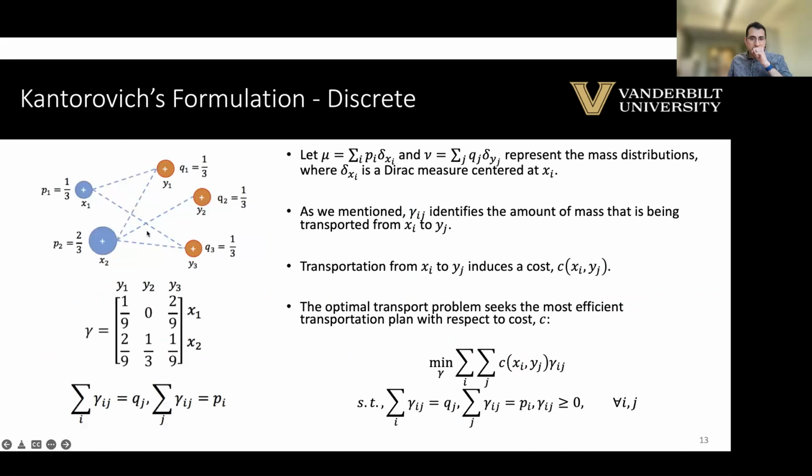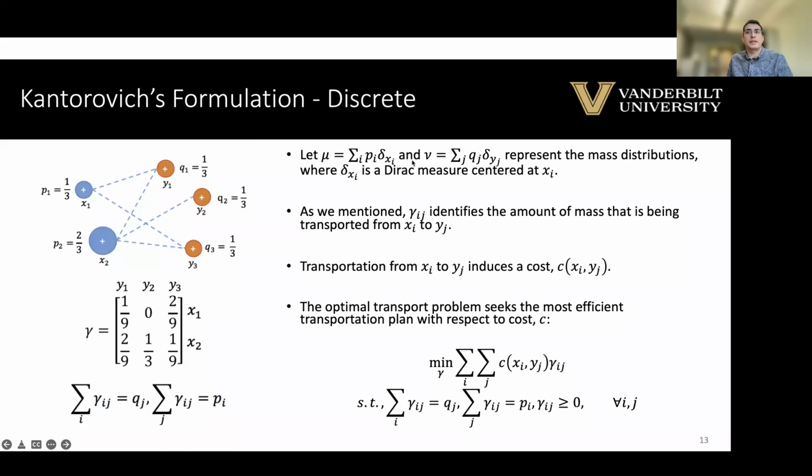Sorry, this is a little dense, but let's see what we have here. We are going to have our distributions be essentially the empirical distributions that we have. We have amount of mass Pi located at Xi. Delta here is the Dirac measure centered at Xi.